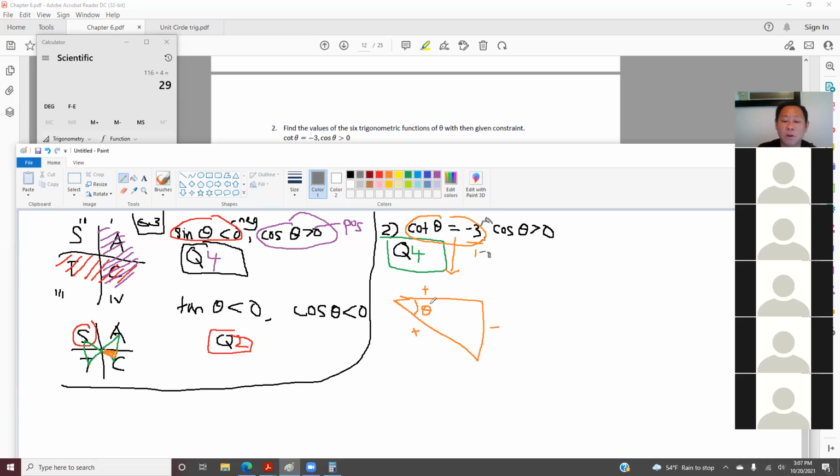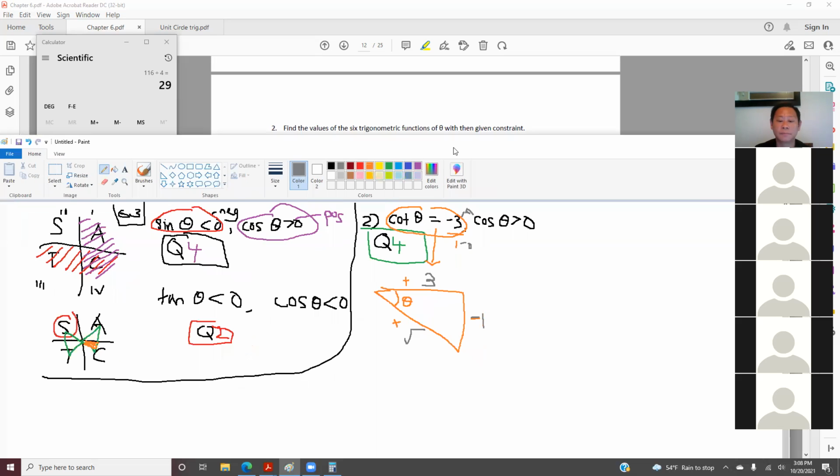So that means your adjacent is positive 3, and your opposite here is what? Negative 1. So don't forget the negative. Can someone figure out what your hypotenuse is here? The square root of 10. That will be root 10.